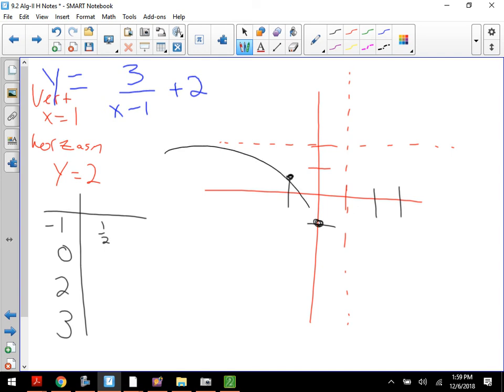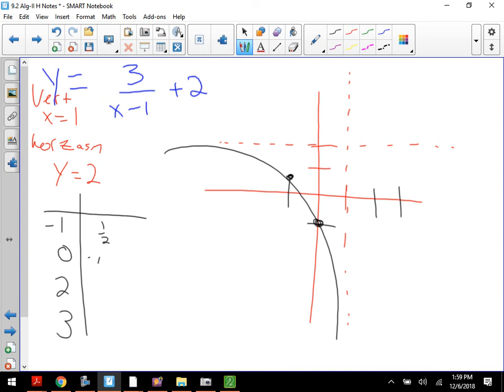So here we have ours this way. Right. 2 minus 1 is 1. 3 divided by 1. What's 3 plus 1 now?